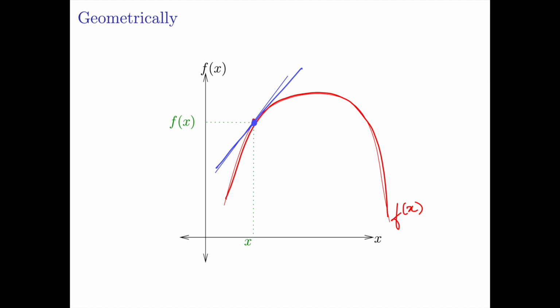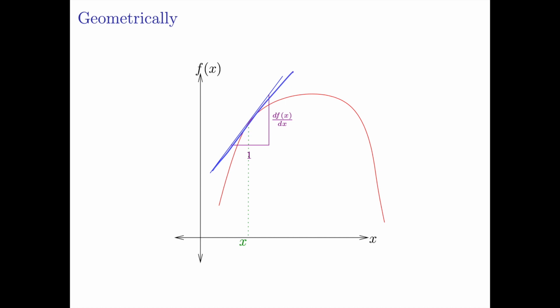And so we call this blue line the tangent, and the slope of that line is what we've defined to be the derivative. So if we look at this line and we move to the right by 1, the height of the line changes by the derivative of f at x.